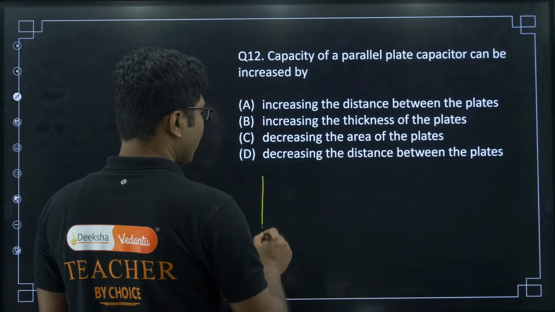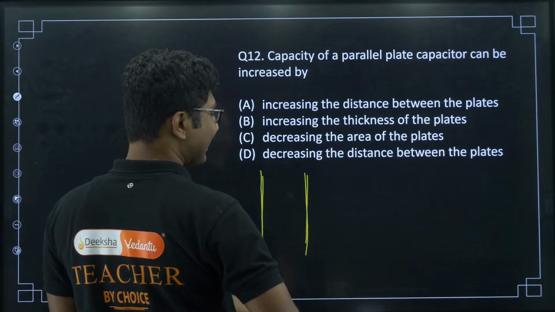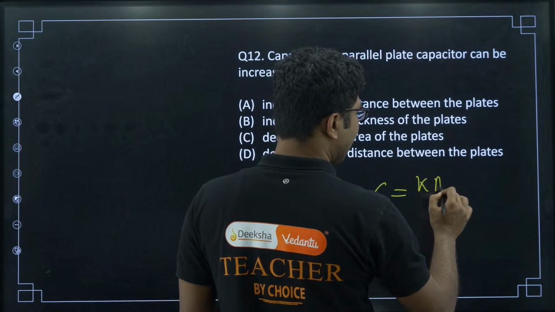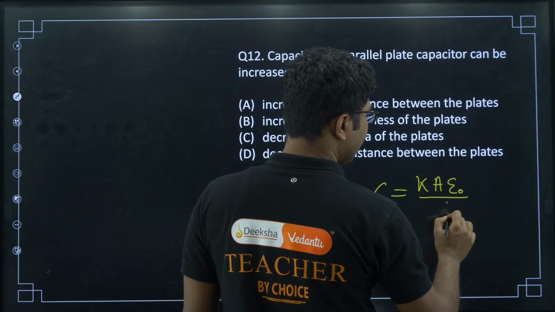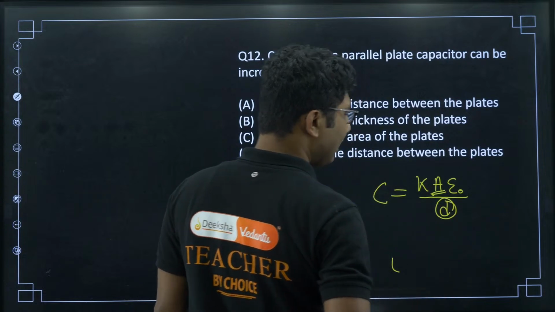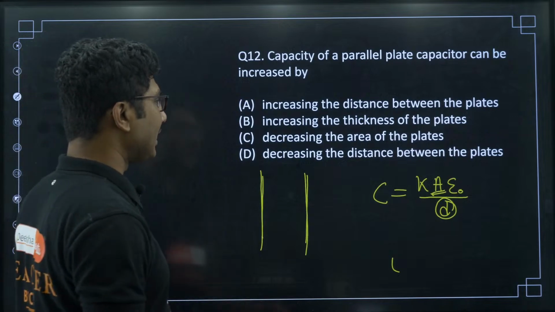Yes. If this is the capacitor, either you can increase the area, as we have already seen in the formula K A epsilon naught by D, or you can decrease the distance. Here they have not given any option related to increasing the area, only the distance.